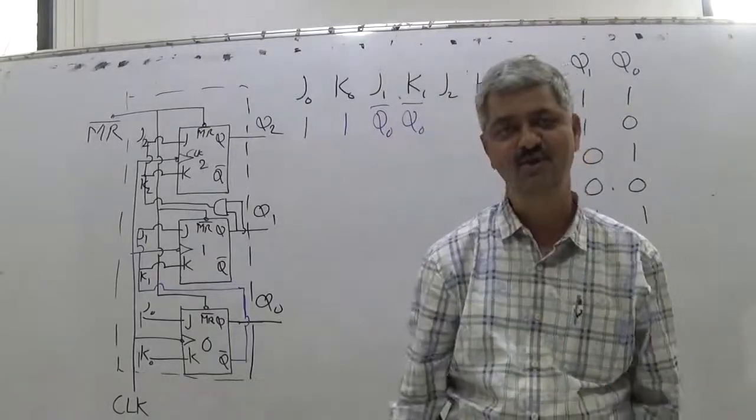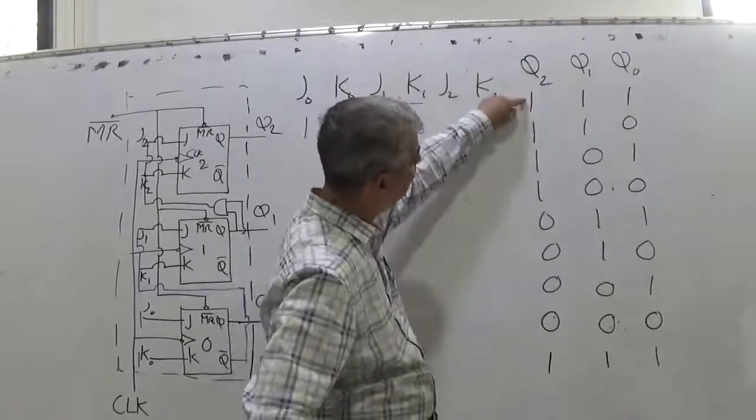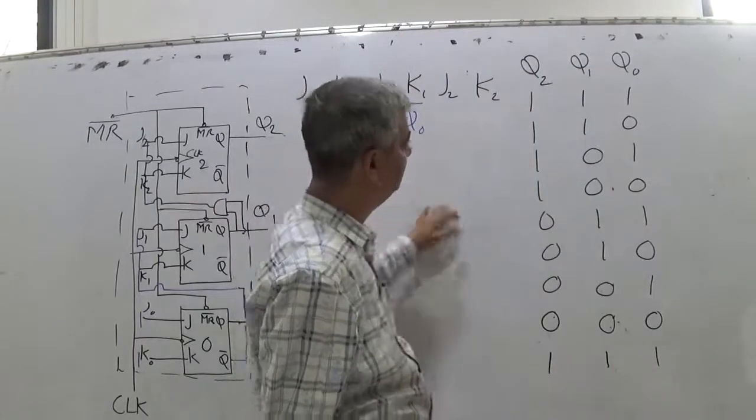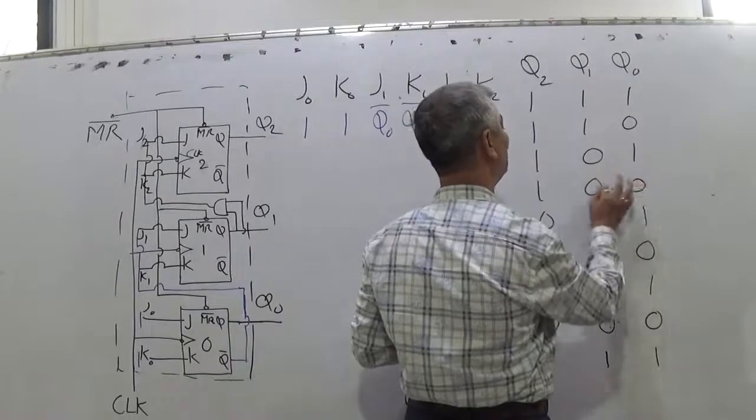Now next, what about Q2? Q2 toggles when Q1 and Q0 are 0, 0.